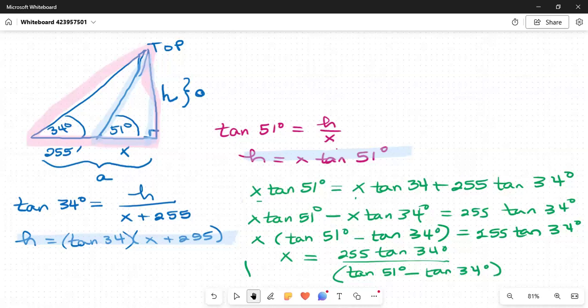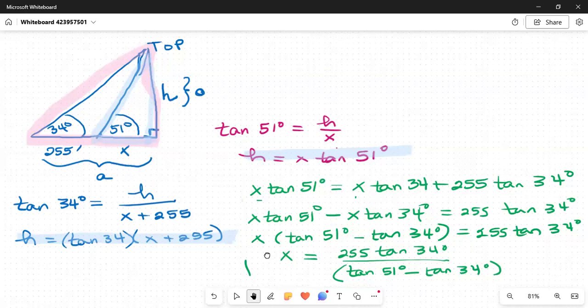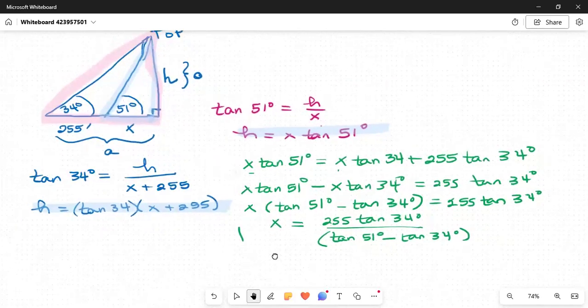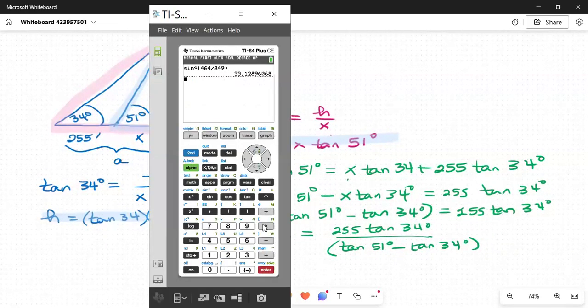Go to your calculator and see what you get for X. So we have 255 tangent 34 divided by parentheses tangent 51 minus tangent 34, and then close your parentheses, and we get 306.9.